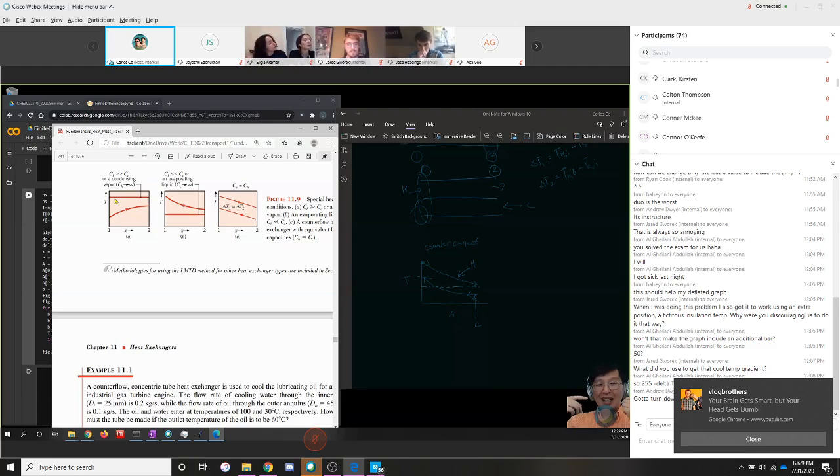So if your heat exchanger, where the steam is on the outside, has a certain pressure, that pressure is going to set the temperature where it's going to condense. So in that case, the outside temperature of your shell is going to be set by the pressure of your heat exchanger on the outside, right? Antoine's equation.